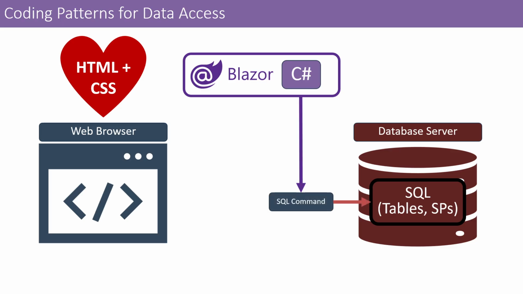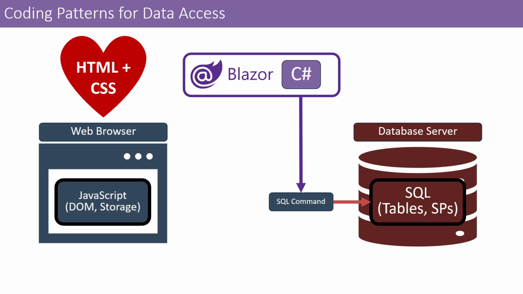Now, as a .NET developer, we've worked with databases for a very long time, and from C# we really are just executing an SQL command to get to that data. Now, within JavaScript, which is running within the web browser, from C# and Blazor we need to utilize interop in order to get to JavaScript.